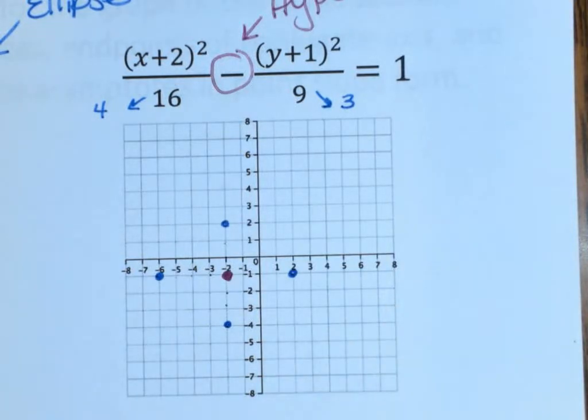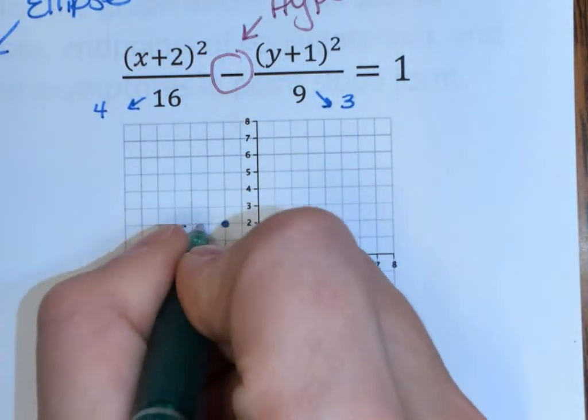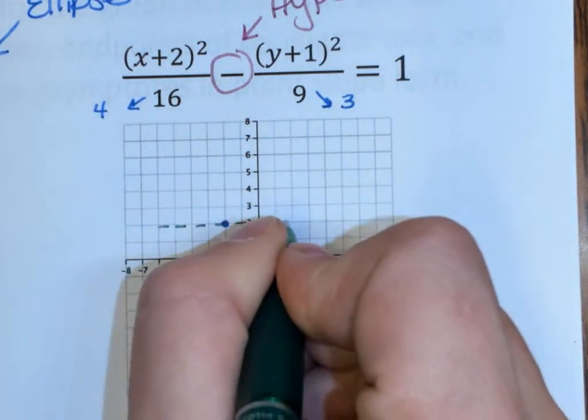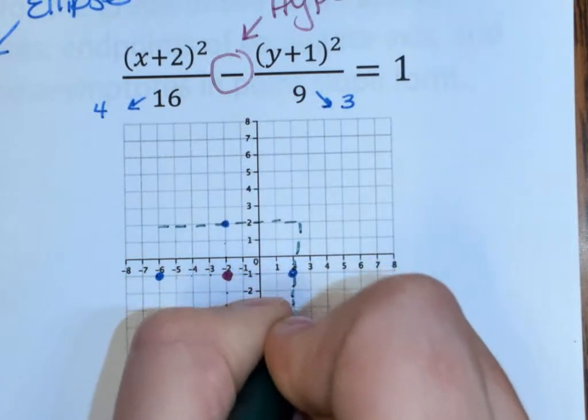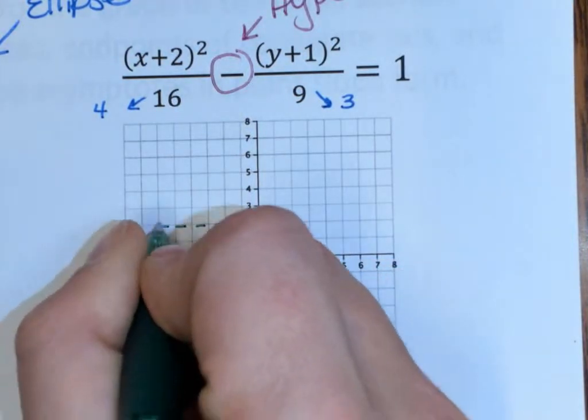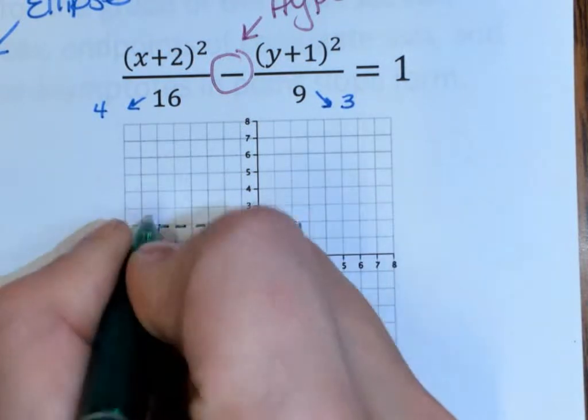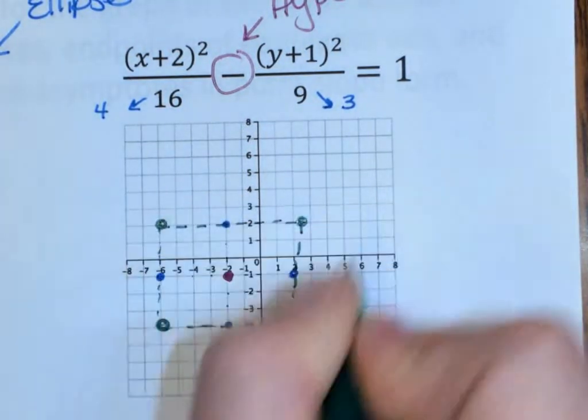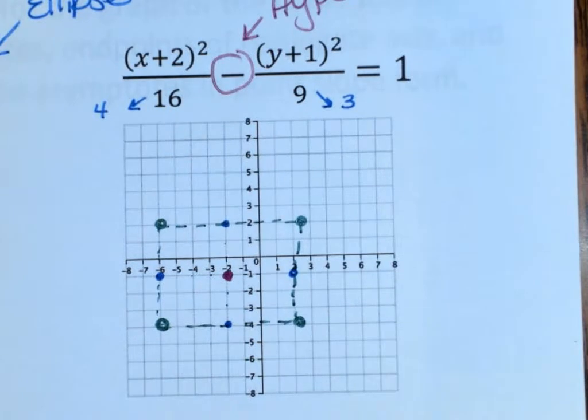Now here's where things start to change just a little bit. You can either choose to draw out your box. I really don't care. Or just draw the corners of that box.